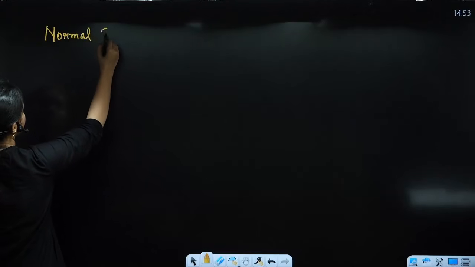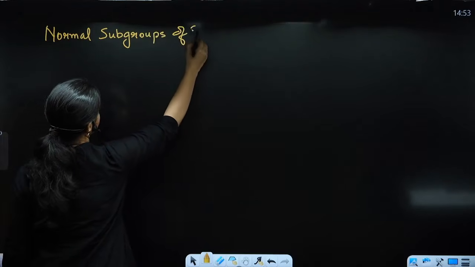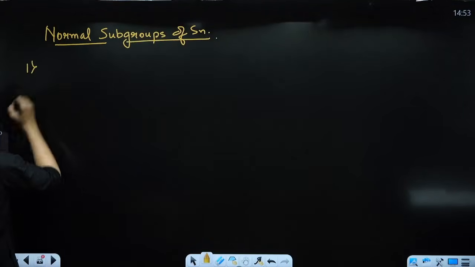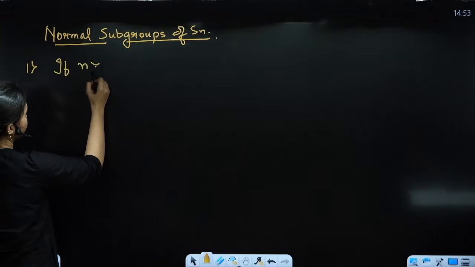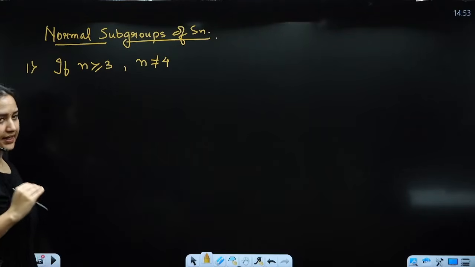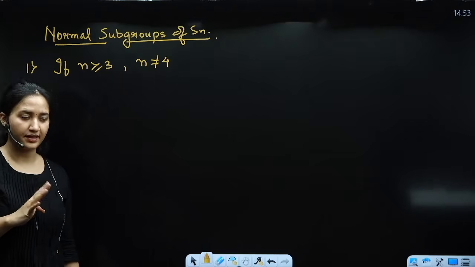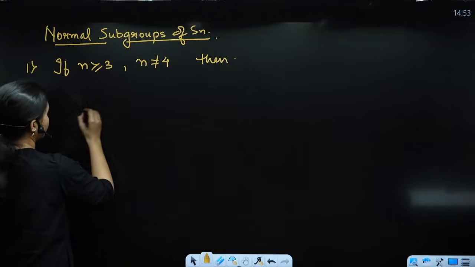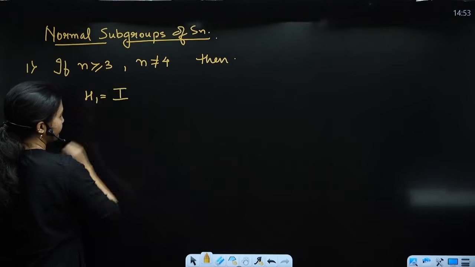If n is greater than or equal to 3 and n is not equal to 4, right? अगर n की वैल्यू 3 से बड़ी है and n is not equal to 4, मतलब हम S4 की बात नहीं कर रहे हैं यहाँ पे, then H1 equals identity, right?